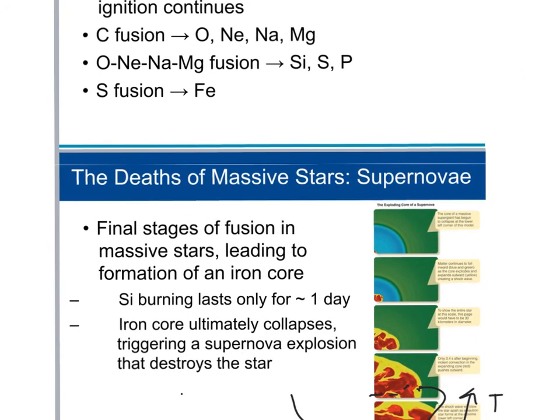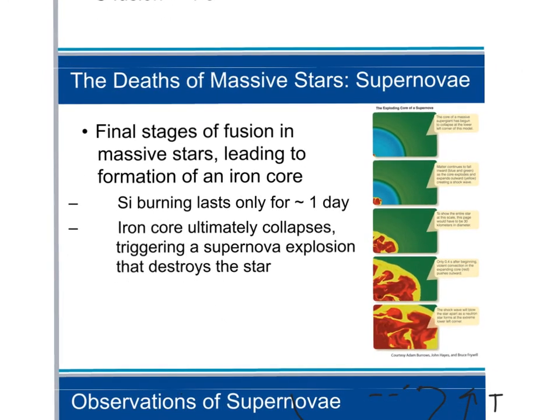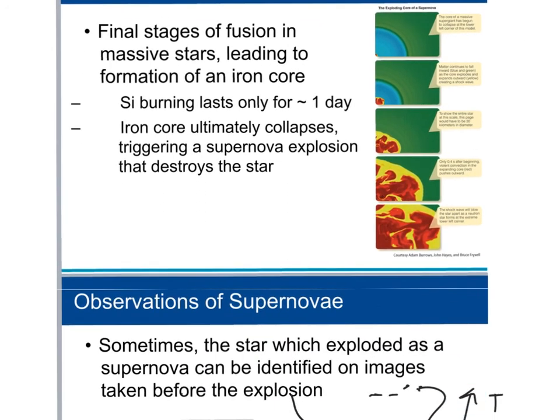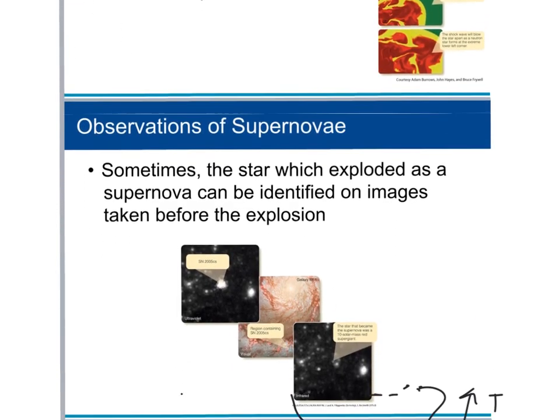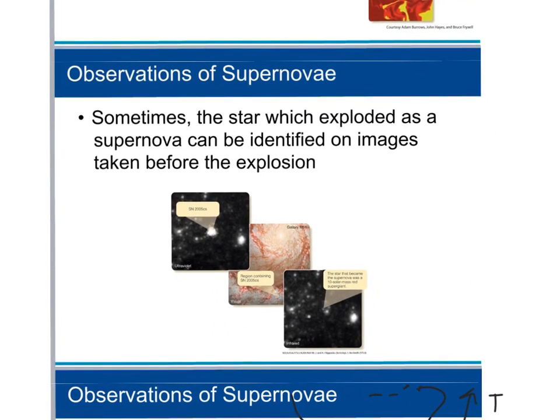That's not that important. So the final stages of fusion in a massive star lead to the formation of the iron core. Eventually the iron core collapses, and it triggers the supernova explosion that destroys the star for good. But then that destroyed star can still give birth to new stars in its supernova. Sometimes a star which exploded as a supernova can be identified on images taken before that explosion, and that's what you see right here.